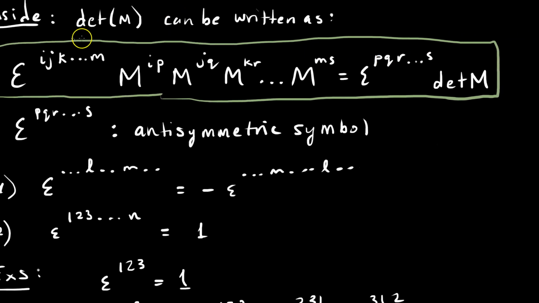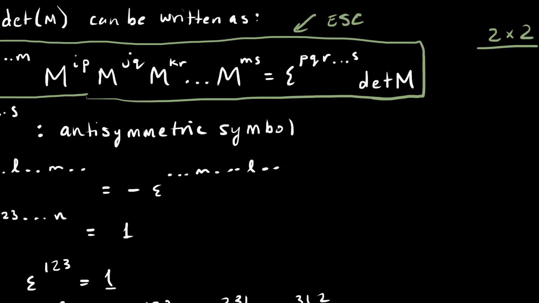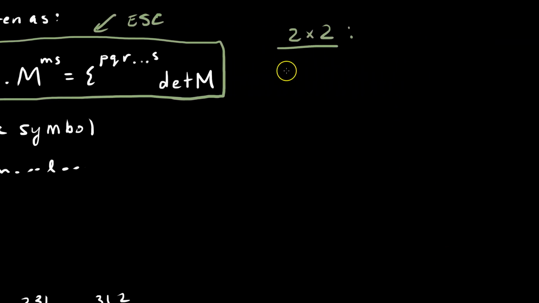First thing to note, by the way, is that we have a collection of dummy indices: I, J, K, all the way to M. This is using the Einstein summation convention, so I is summed, J is summed, K is summed. In our example for the 2 by 2 case, we have epsilon PQ.